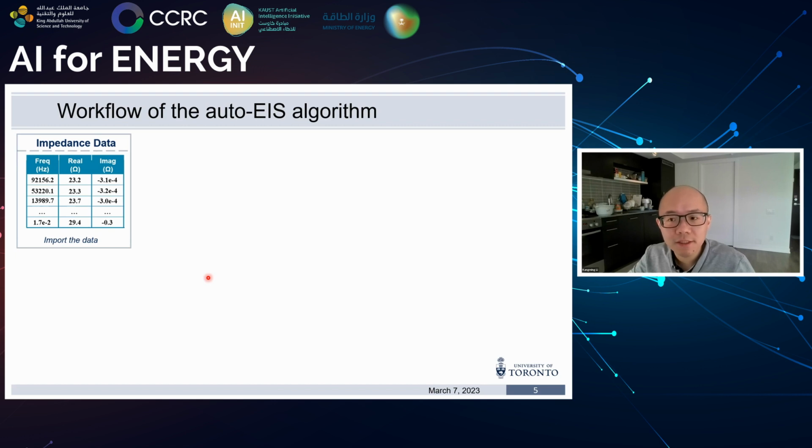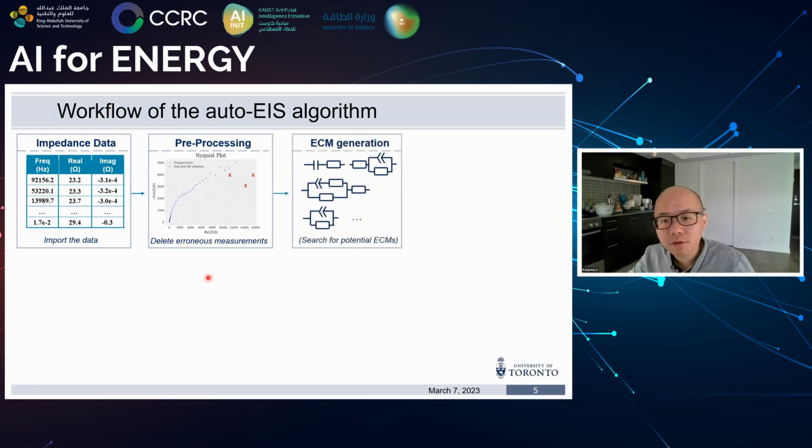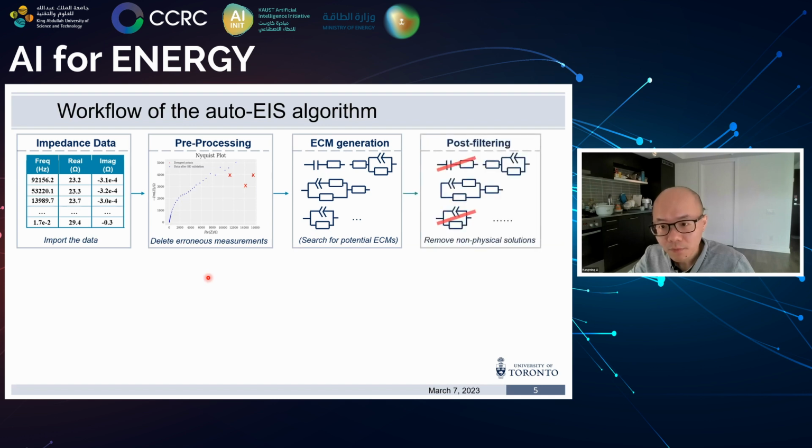First, the EIS data are imported, and then the outliers are removed in the processing, and next an evolutionary algorithm is used to generate the potential ECM solutions.